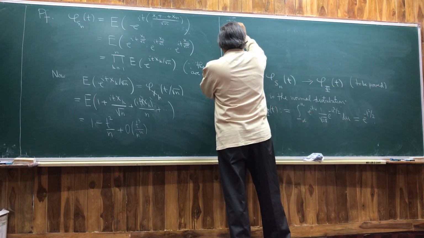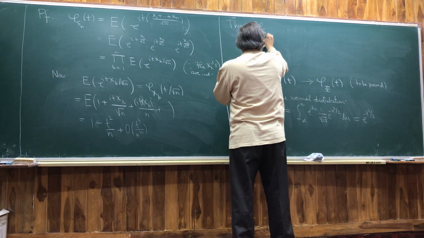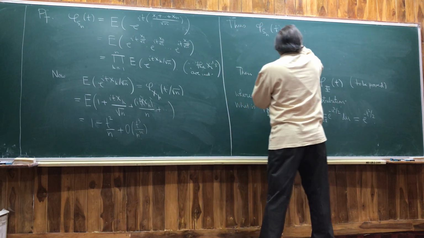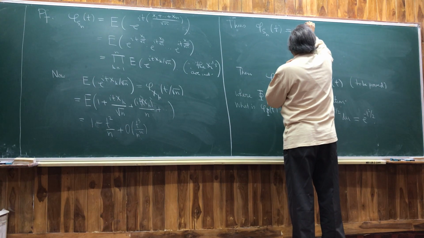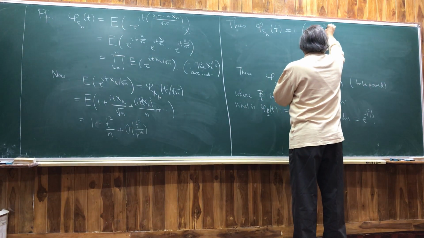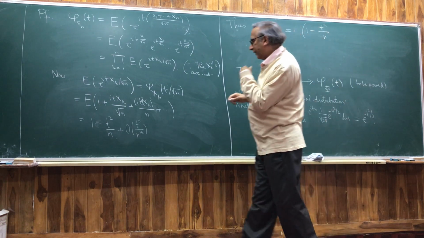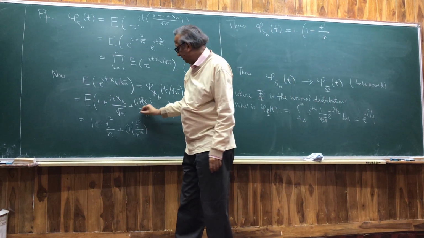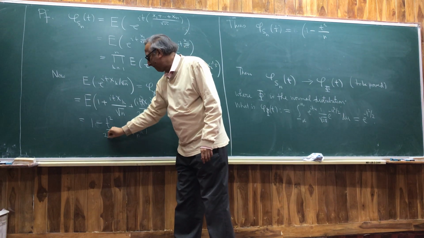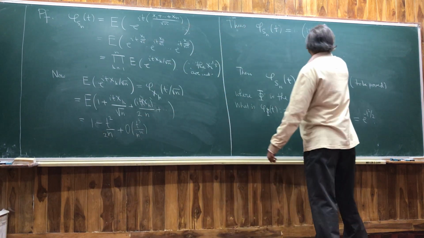Thus, phi Sn of t is equal to the product of 1 minus t squared over 2n, I forgot a 2 factorial here, sorry about that.